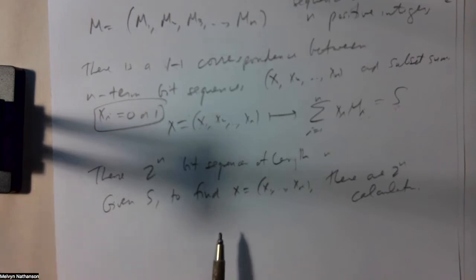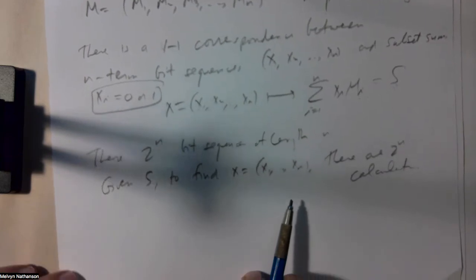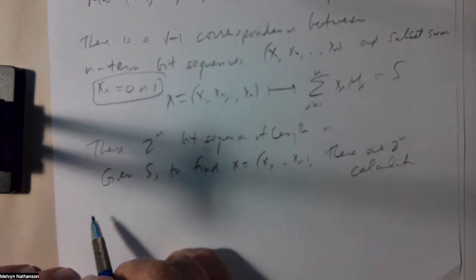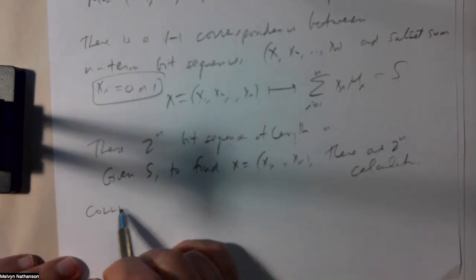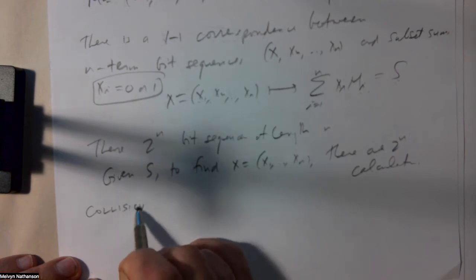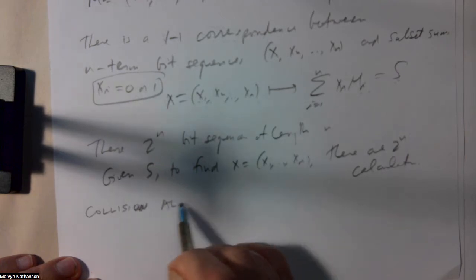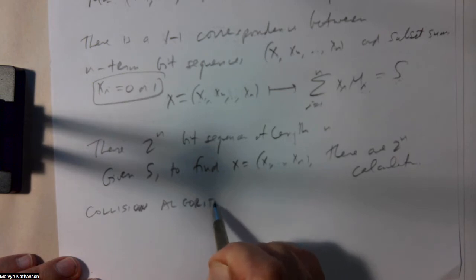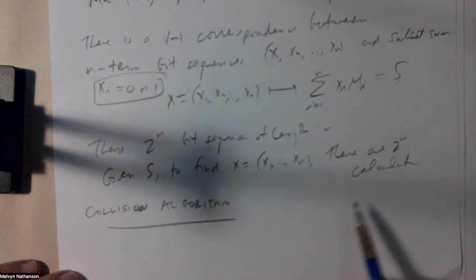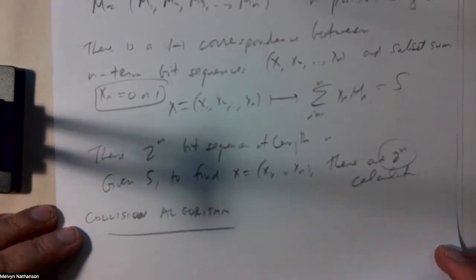So there's actually a trick, a sneaky trick, called a collision algorithm, which reduces the number of subset sums you have to calculate. And it's such a pretty idea, I'm going to explain it. And it's the following.